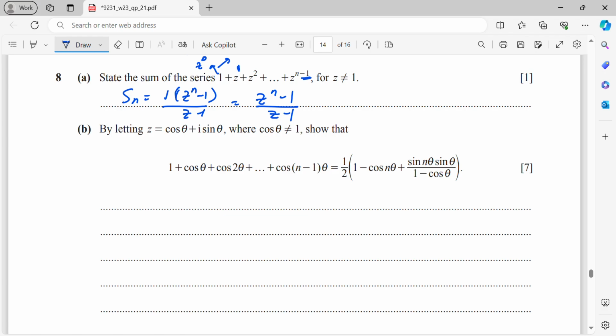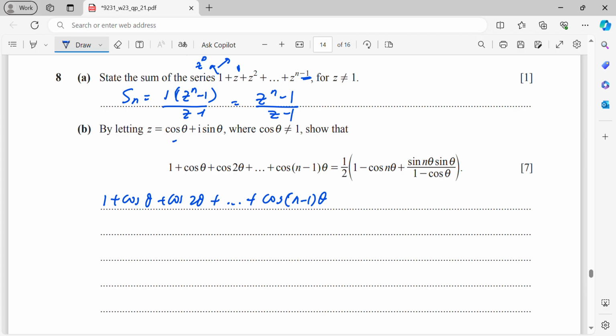Okay, so now what I need to do is, I need to write 1 plus cos theta plus cos 2 theta until cos n minus 1 theta. So this is basically the same as, okay, let Z be cos theta plus I sin theta.